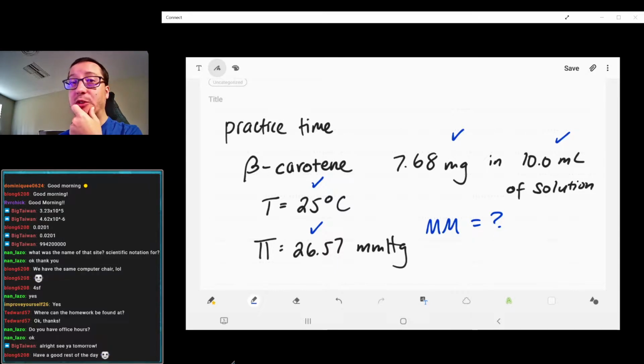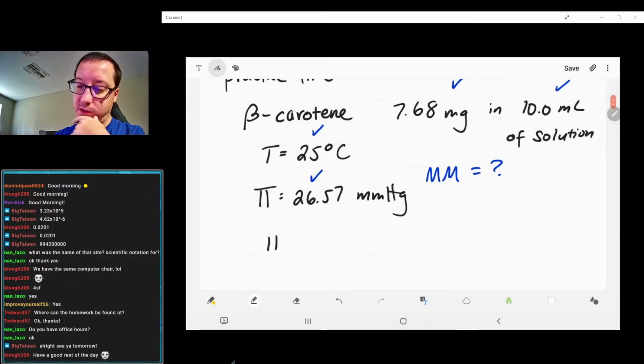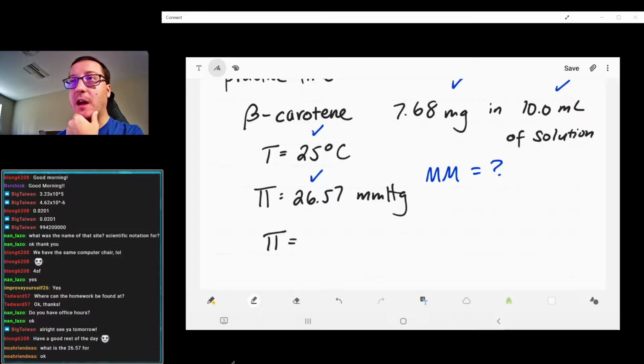Probably the first thing we should do is take a look at our formula for osmotic pressure. That is the osmotic pressure, what's been measured as the osmotic pressure. So capital Pi is what it stands for. Cool.